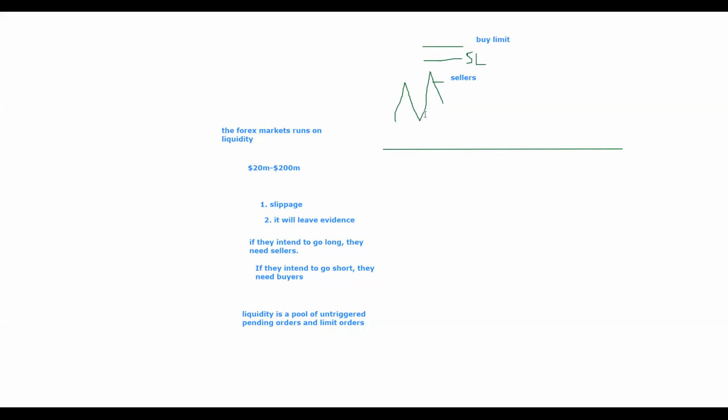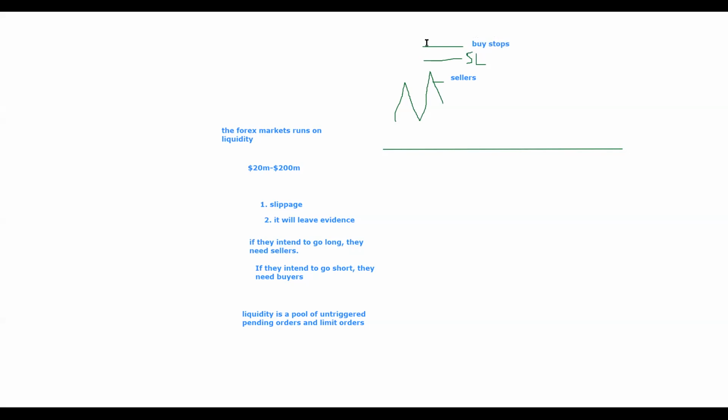Buy stops, sorry. Let me erase this. We're going to have buy stops. It's the same thing as a limit order, but for easy understanding, you're going to have buy stops at that level. So that creates the liquidity pool.